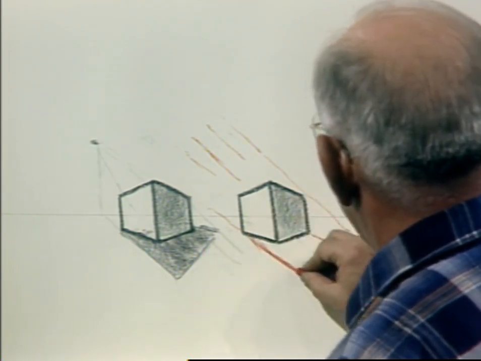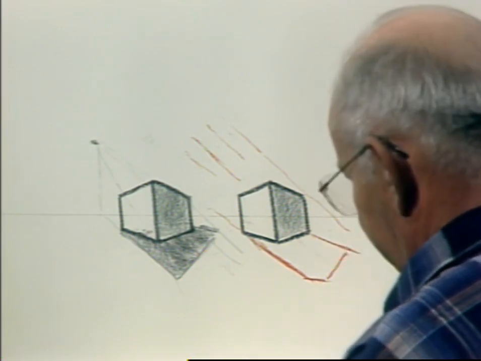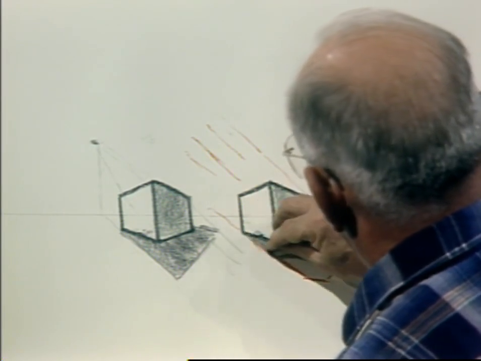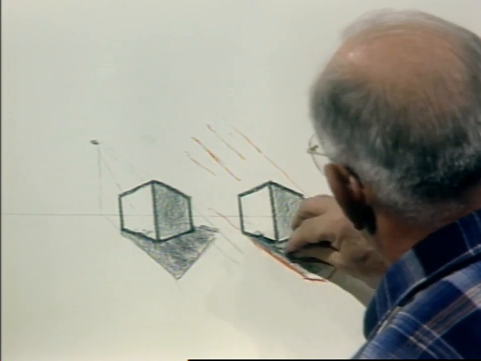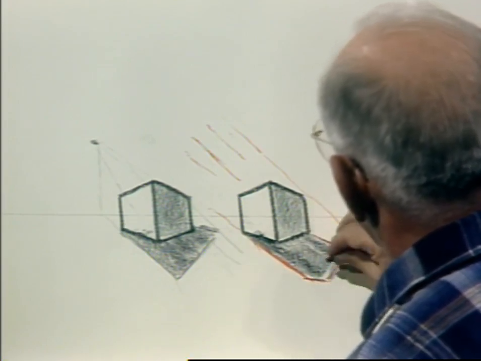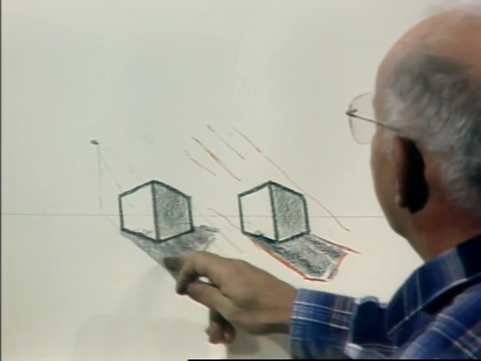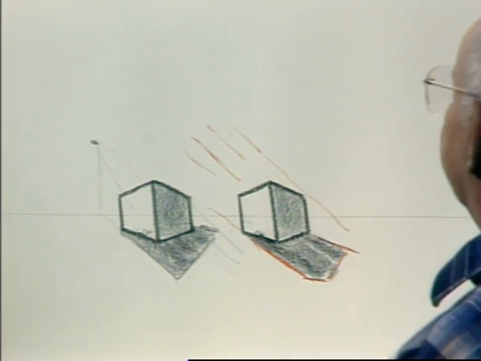It can tilt in an angle, but it will be parallel, like this. So those are basically the main two types of light sources, and these are the main two types of cast shadows, the radiating shadow and the parallel shadow.